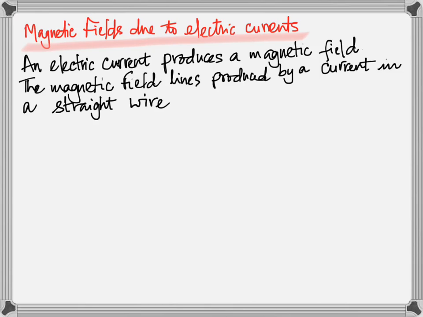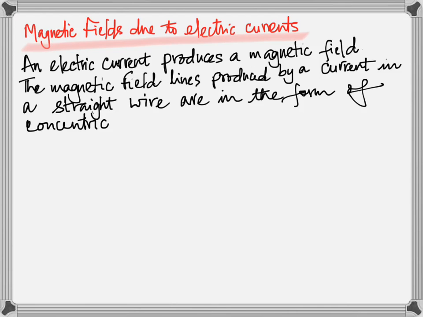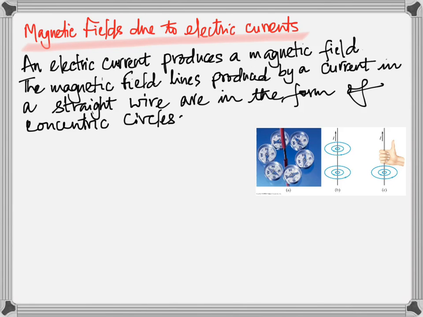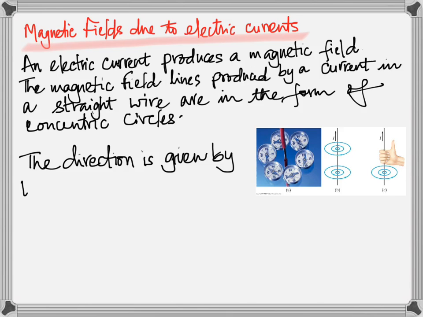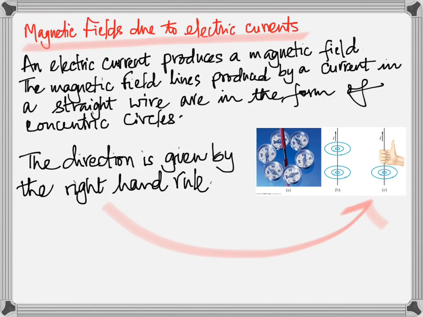If it's a straight conductor, then the magnetic fields are in the form of concentric circles as shown, and it's given by the right hand palm rule, with the thumb pointing in the direction of the current and the direction of the closed fingers giving that of the magnetic field.